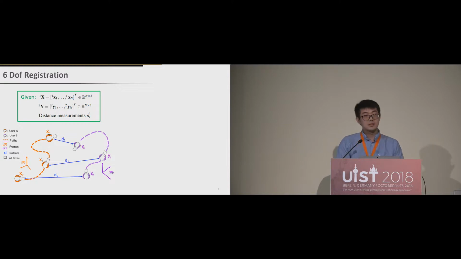Let's take a look at the 6DoF resolution between two users. As we are not sharing the SLAM map, the device A and B have two separate coordinate systems, namely F1 and F2 respectively.